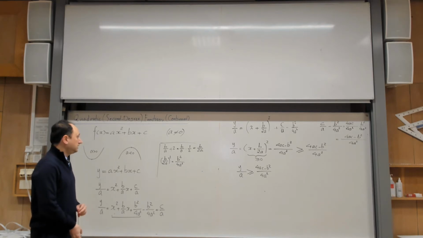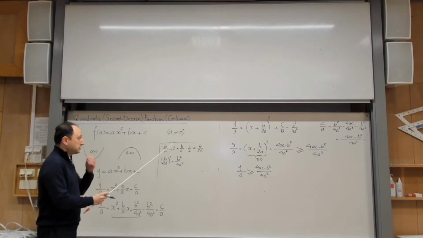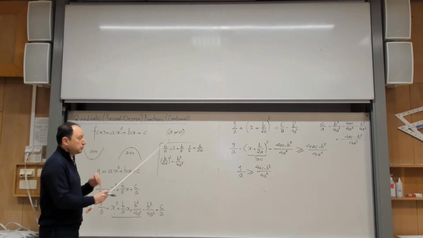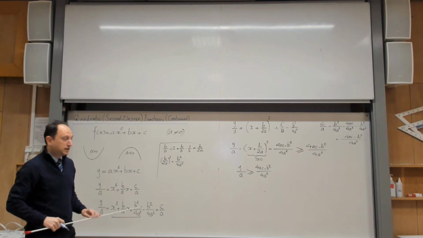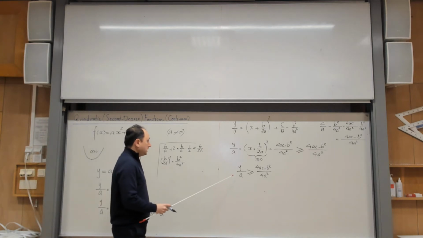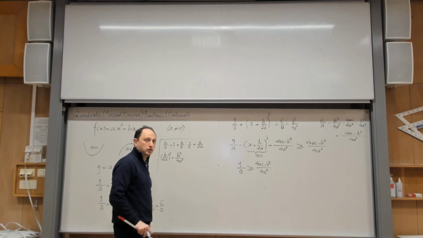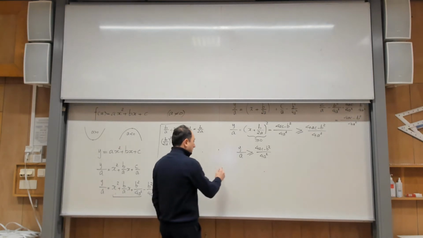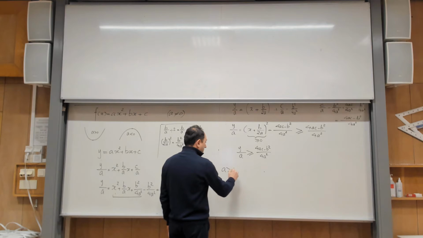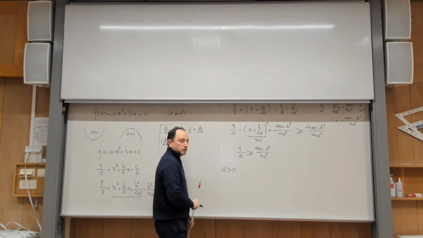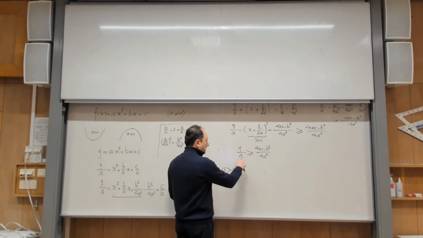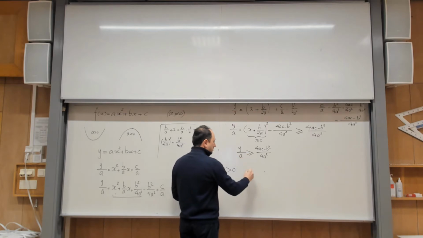But now look here, I know that a is not 0, but I don't know if it is positive or negative. And it makes a difference here. Yes? So I have to consider two scenarios. One scenario is, what happens if a is positive? If a is positive, I can multiply everything by a.